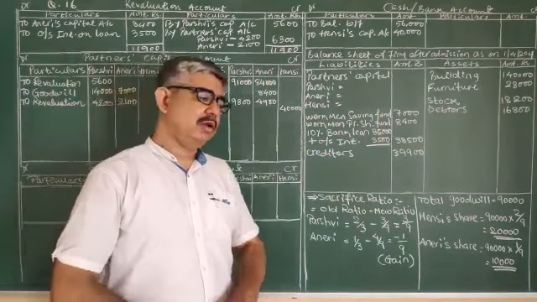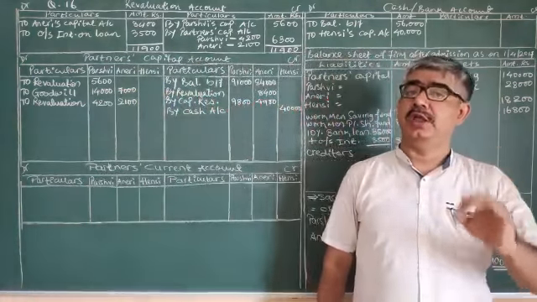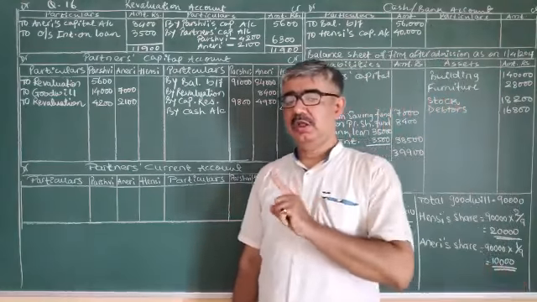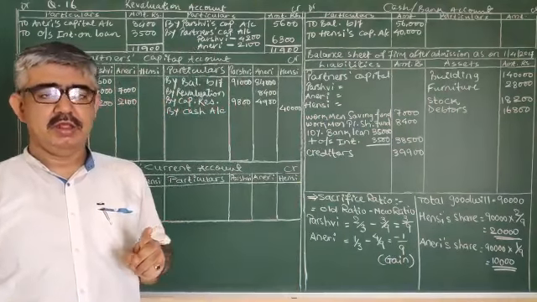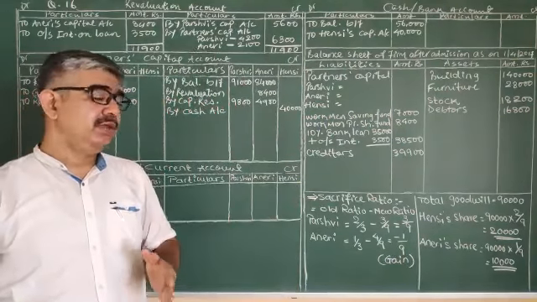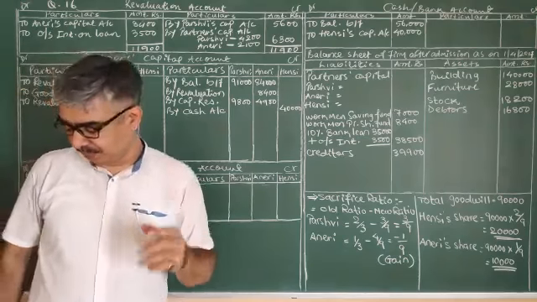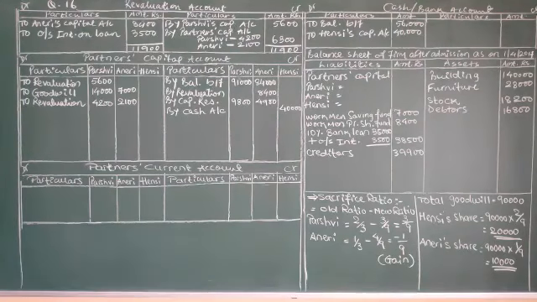Here take care. New partner is not bringing goodwill in cash. New partner is not bringing goodwill in cash. Okay? So we have to debit current account because we are preparing current account. If we are not preparing current account, then definitely it should be capital account.